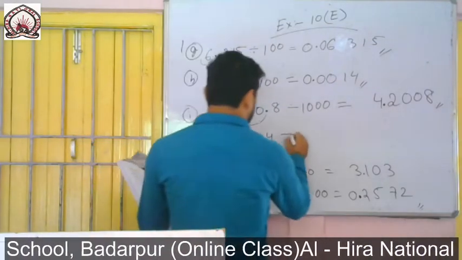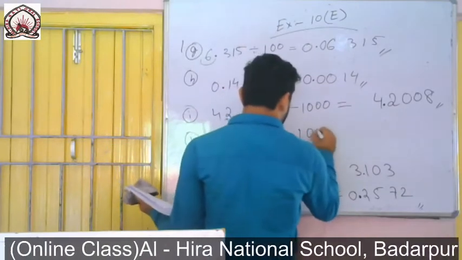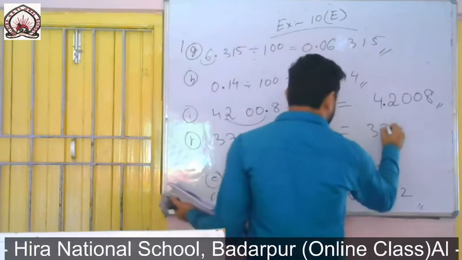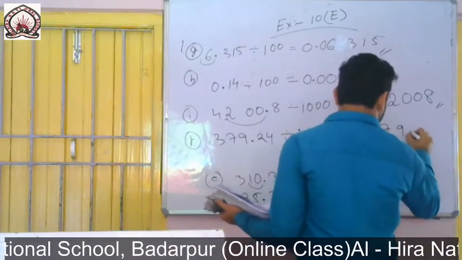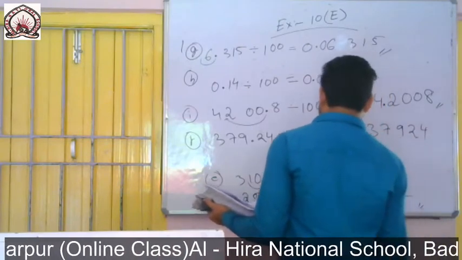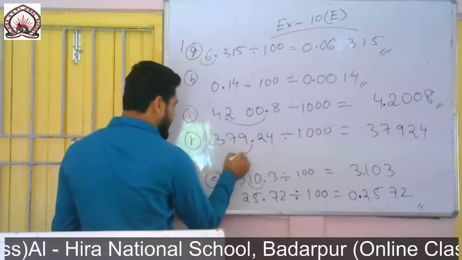379.24 divided by 1000. So write the digits first, 37924. After that you see 1, 2, 3, so the point will shift here.